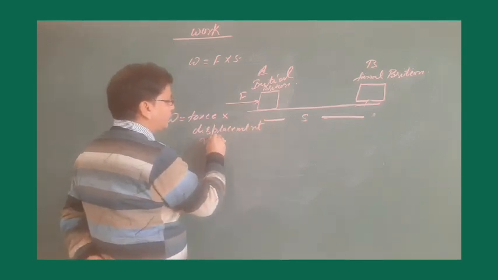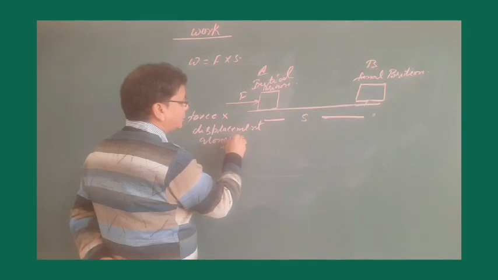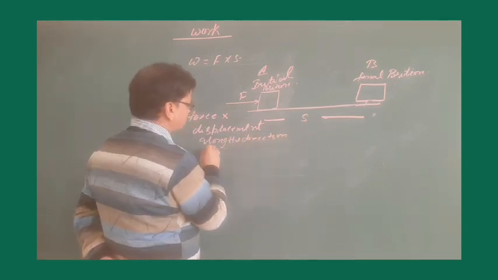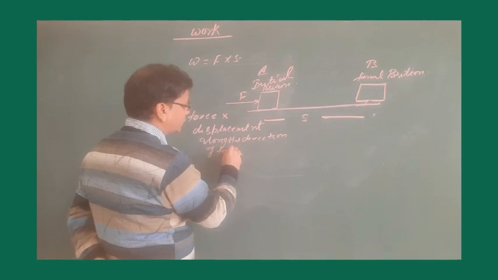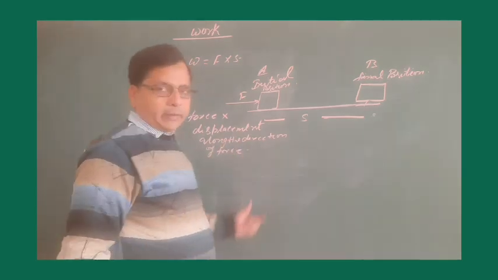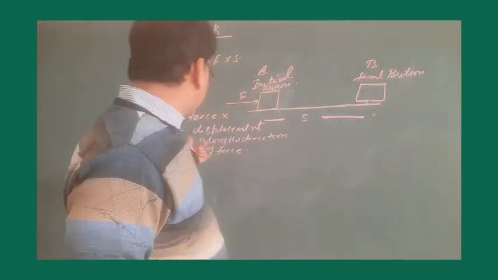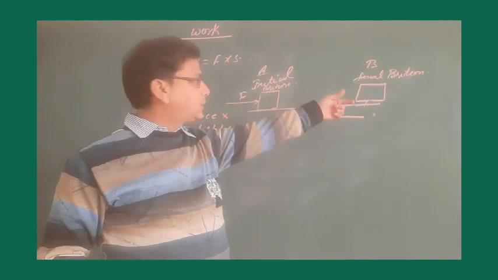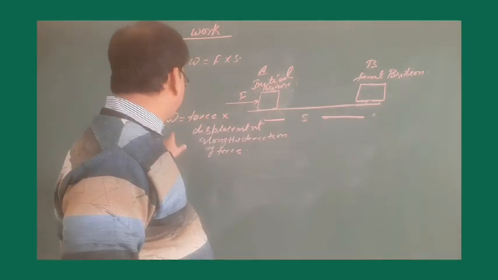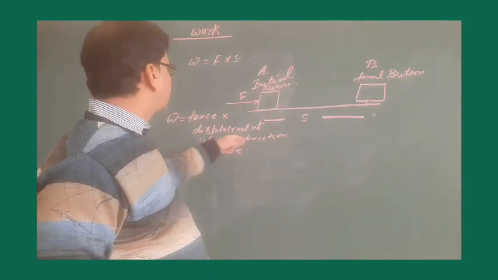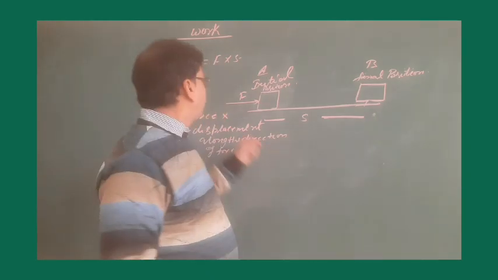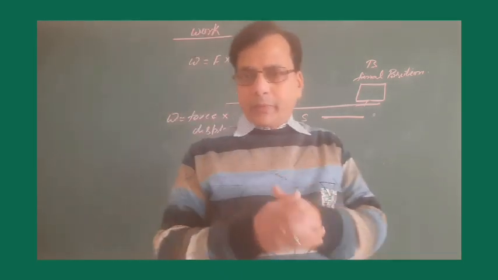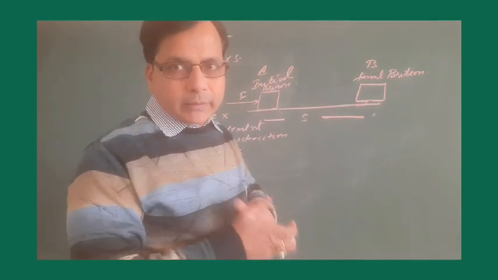The object has its initial position at point A and its final position at point B. Then work done equals force into displacement along the direction of the force, meaning W equals F into S.